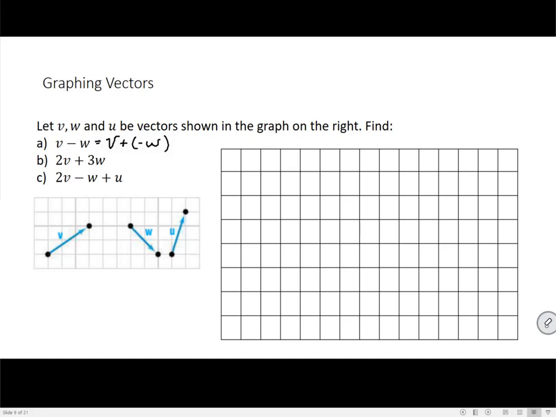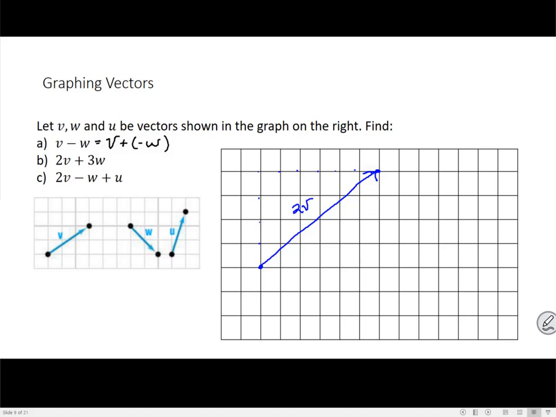Okay, so I believe I'm going to start here, and I'm going to go 1, 2, 3, 4 up, and 1, 2, 3, 4, 5, 6 to the right, and this is my new vector 2v. In blue.